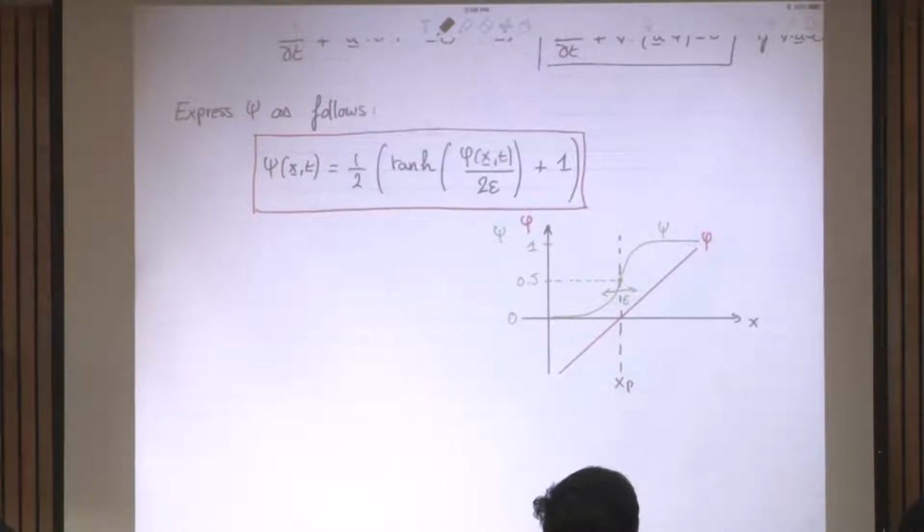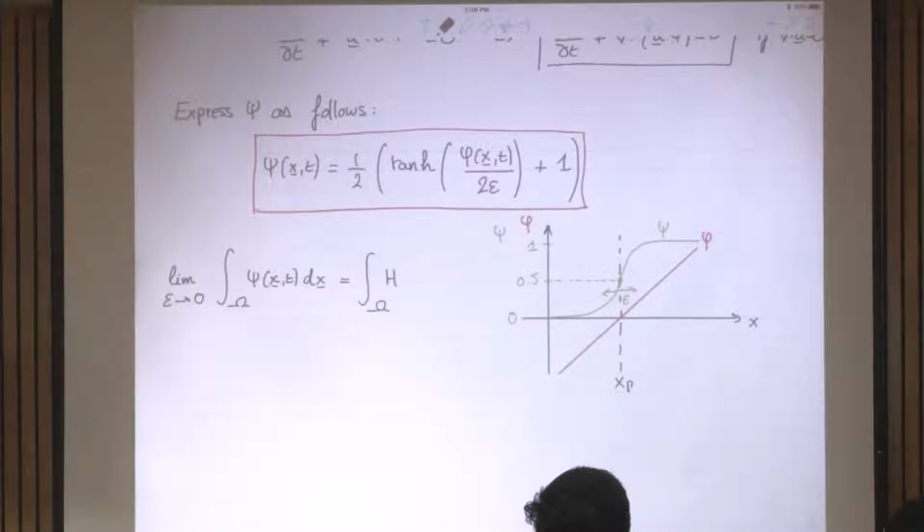So let me write it like this. The limit as epsilon goes to 0 of the integral over my computational region of my conservative level set function is equal to the integral over space of the Heaviside of my distance level set function, times dx.